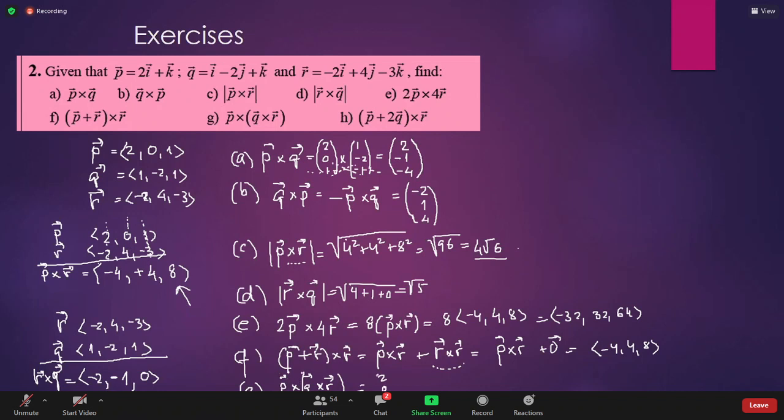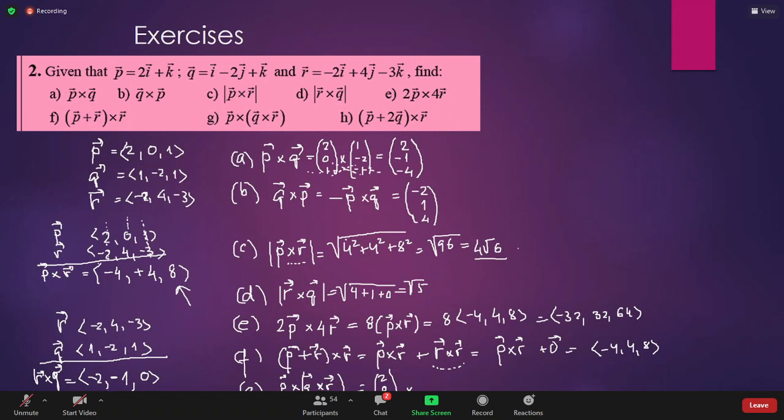Vector Q times R. See, vector R times Q was this. So vector Q times R is the opposite of this vector that we have. So I will write it slightly differently. A pity that erasing things takes that much special time.